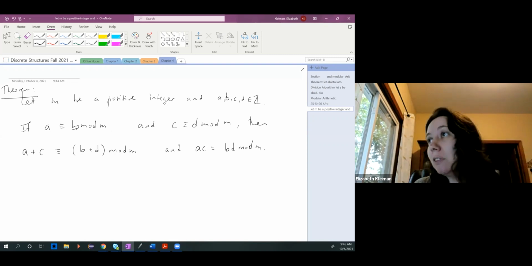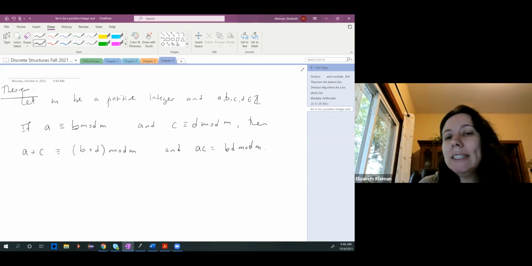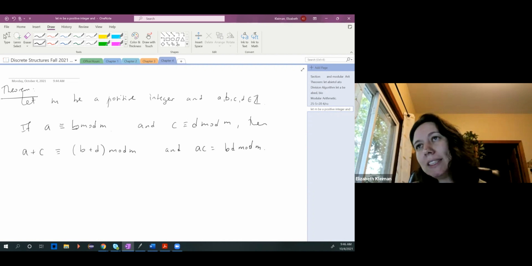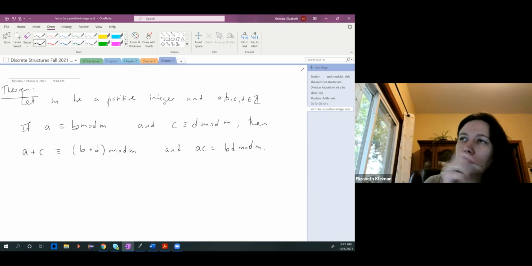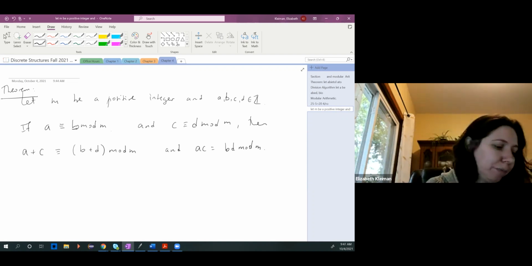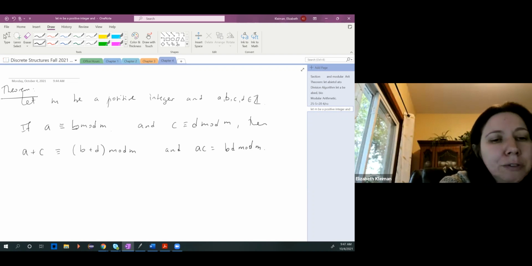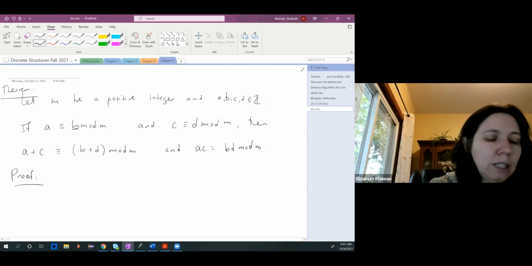How can you prove something like this? You can put BD in parentheses or not in parentheses. Actually, multiplication is going to win over the mod. So in the order of precedence, it should be fine. So you first do multiplication and then you apply the mod. So how do we prove a thing like this? Let's do the first portion.